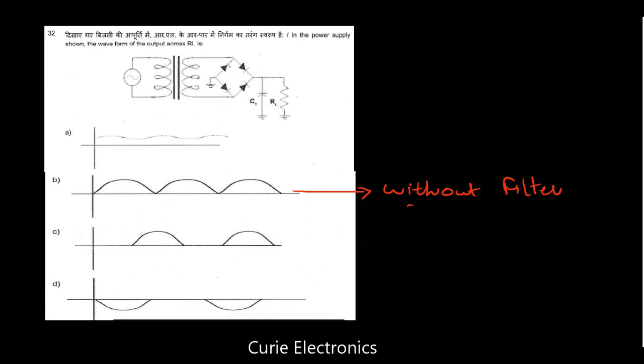If the capacitor is not there, we are going to get this without-capacitor waveform, this is option B. But if the capacitor is there, then it is going to smoothen out. So the answer is option A.